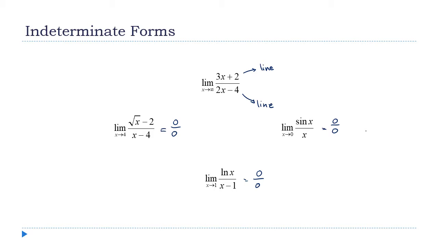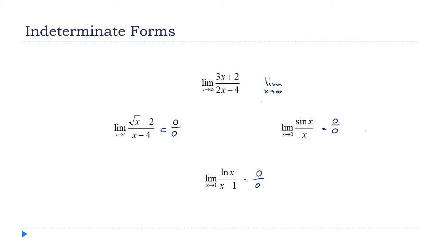Well, we have a way to talk about rate of change now. The rate of change of a function is its derivative. So how about, instead of comparing the functions themselves, we compare their rates of change? What's the rate of change of the numerator?